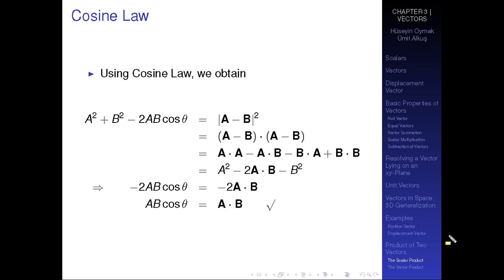Remember that subtraction of two vectors A and B, that is A minus B, is obtained by the tail-to-tail fashion.